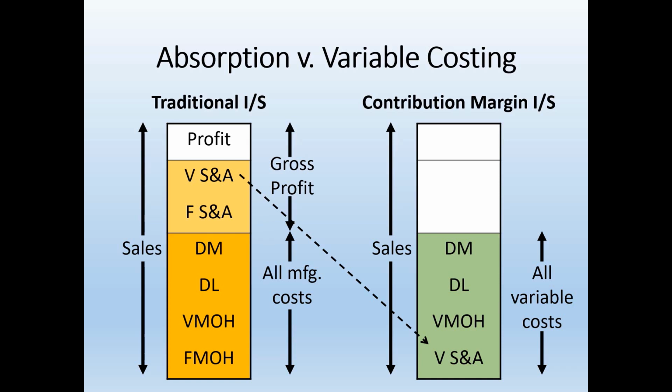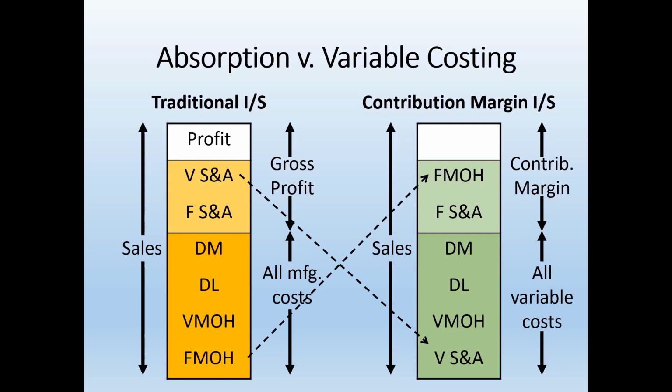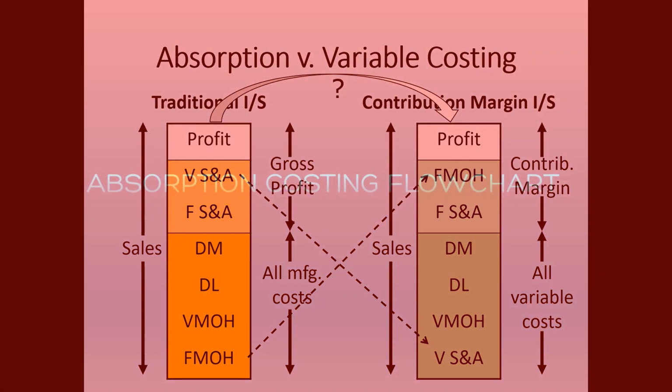This gives us contribution margin, but we don't get to keep all of that. We subtract out our fixed costs, fixed manufacturing overhead, and fixed selling and administrative. And that gives us our operating income. The question is, will the firm's profit be the same under both of these methods?